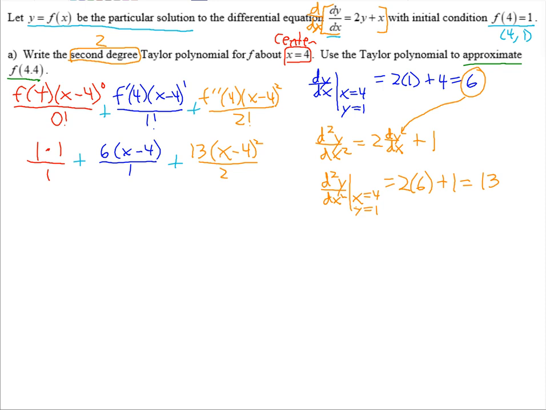You could write T sub 2 of x equals, first term is just 1, plus 6 times x minus 4, plus 13 over 2 times x minus 4 squared. All right, so there's our second degree Taylor polynomial.